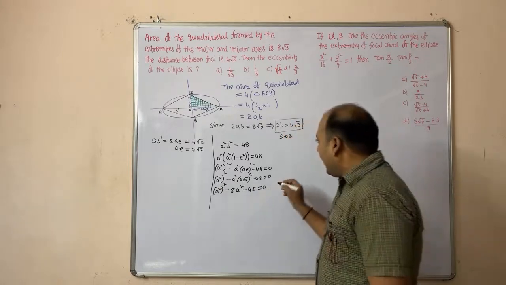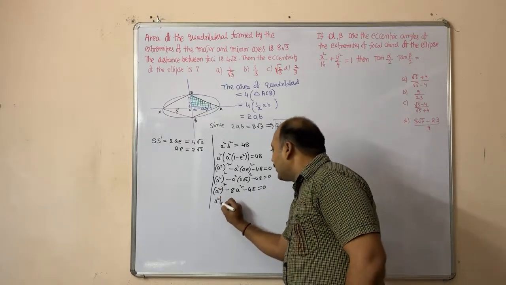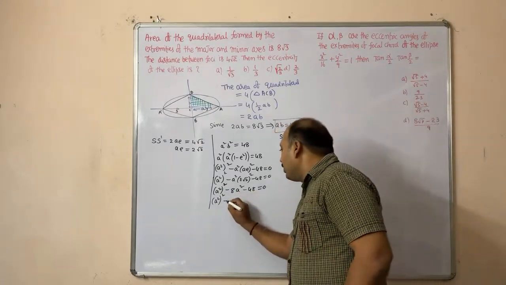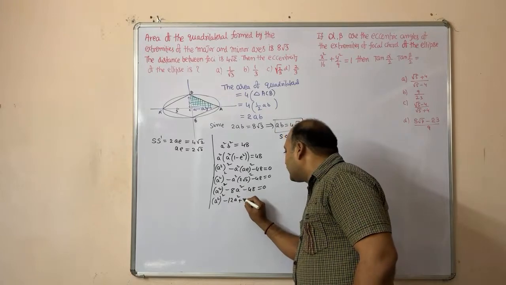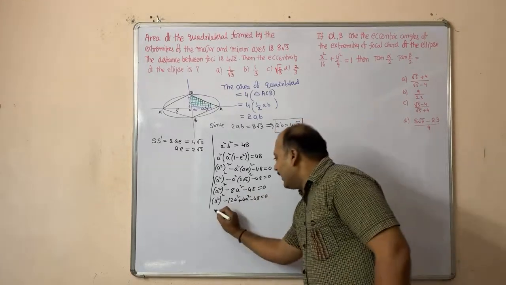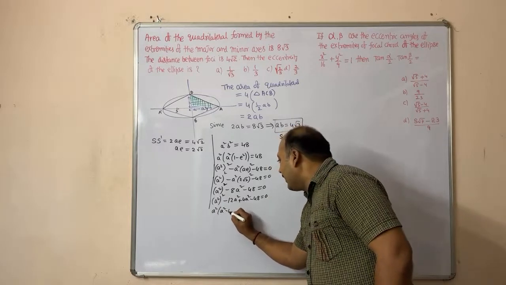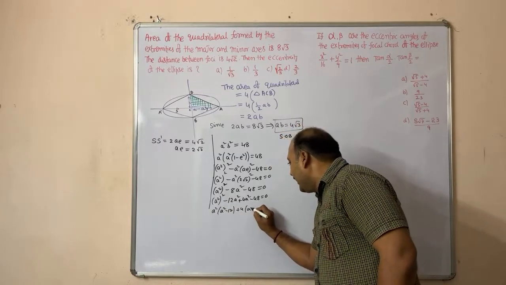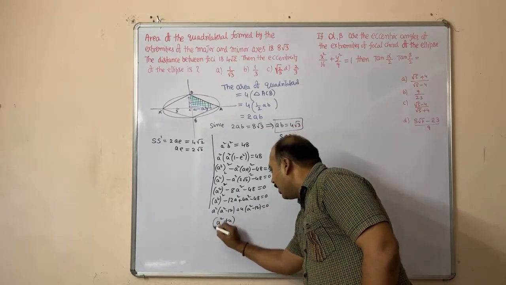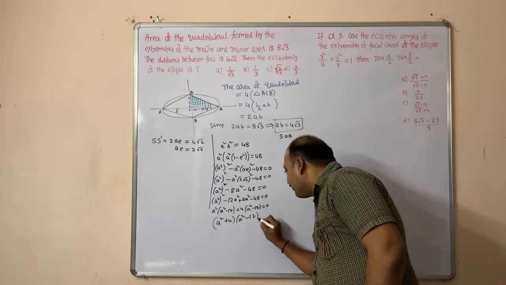So by factorization, 48 is there, means 12 fours are 48: a squared whole squared minus 12a squared plus 4a squared minus 48 equal to 0. So a squared, if you take out common, a squared minus 12 plus 4 into a squared minus 12. So a squared plus 4, are you able to see, dear students?